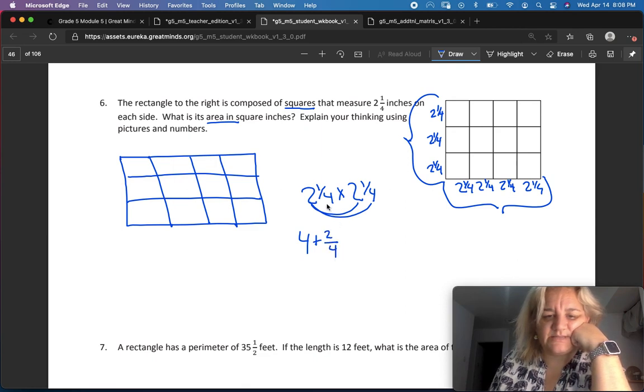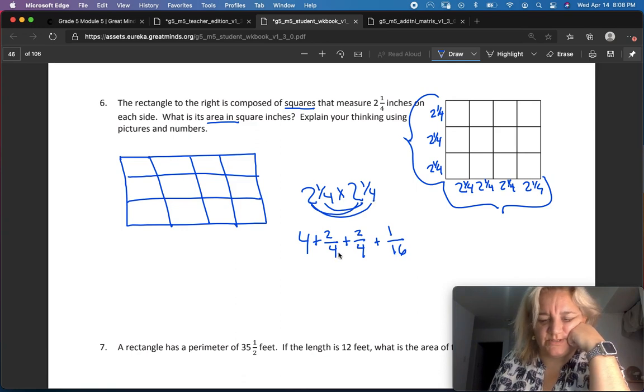And then I'm going to take this quarter and multiply it times 2, which would be 2/4 plus, and 1/4 times 1/4 is 1/16. Let me just check my work there. 2 times 2 is 4. 2 times 1/4 is 2/4.